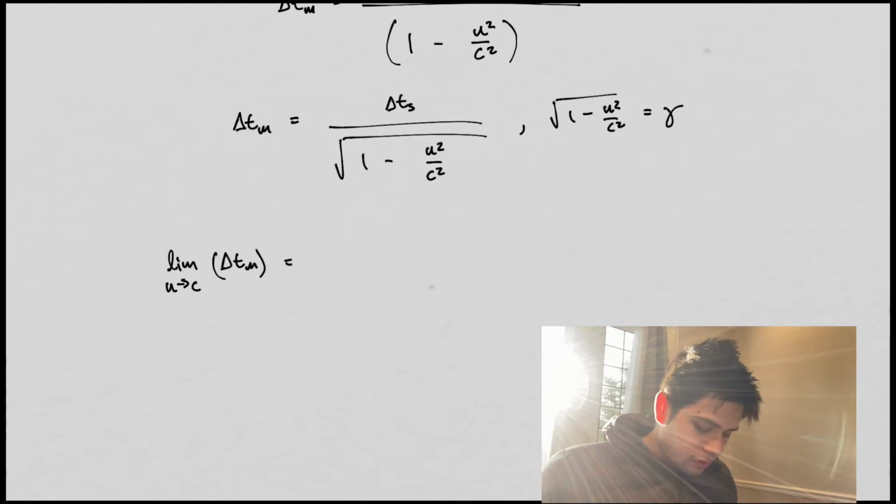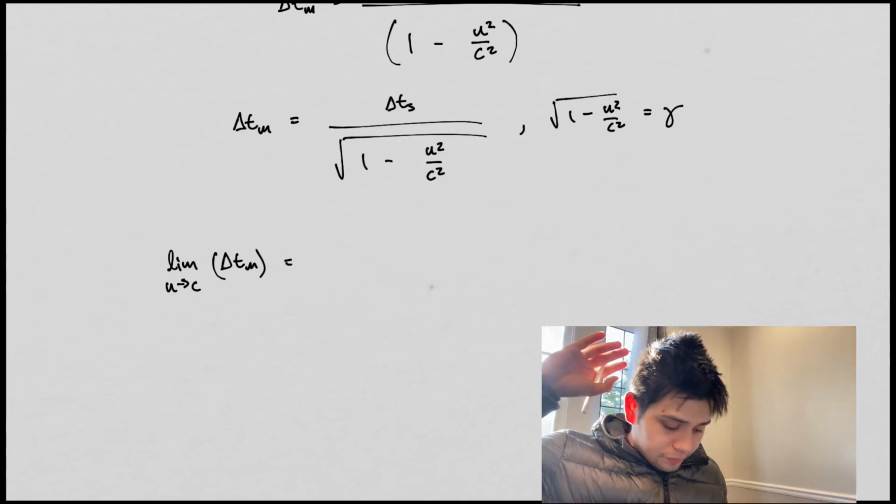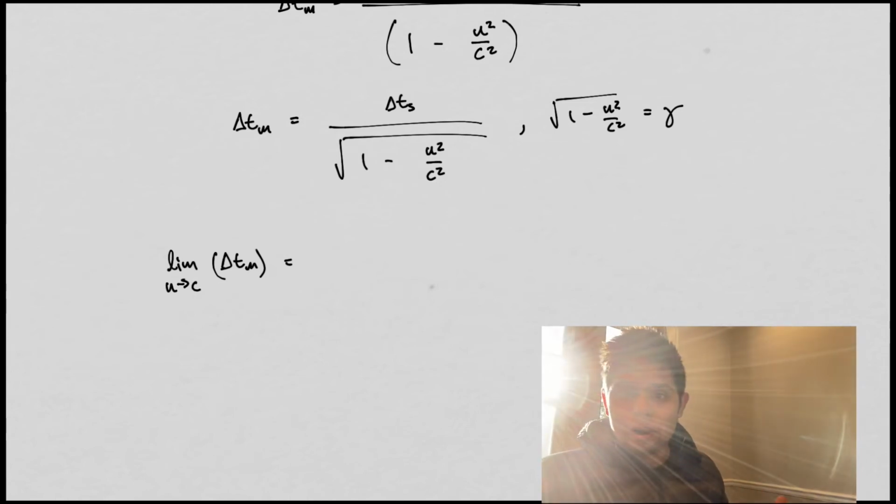What would that equal? Well, if u approaches c, we're going to get 1, and then we're going to get 1 minus 1, which is 0. Square root of 0 is 0, and if you have a denominator of 0, you can't do this.